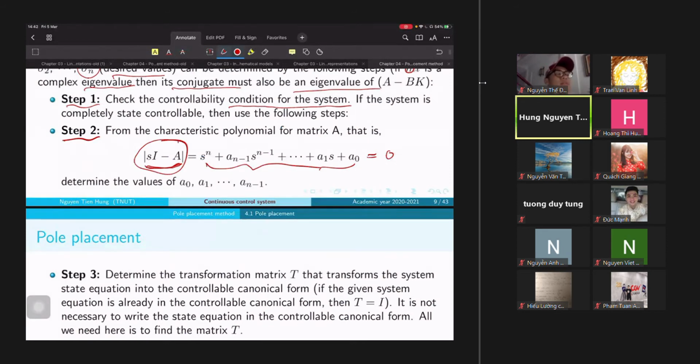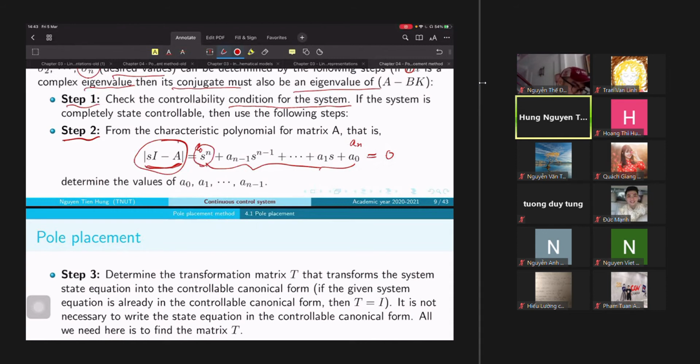I updated this, but I changed it a little bit. For example, in many books they put a naught s^n, then a1 s^(n-1), up to an. But as I told you before, I would like to have consistency between system 1 and system 2, and in system 1 I denoted it in this form.